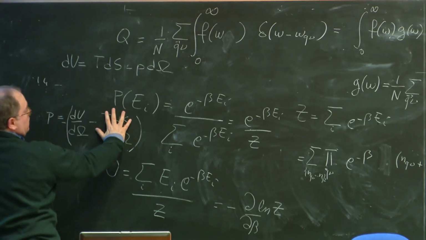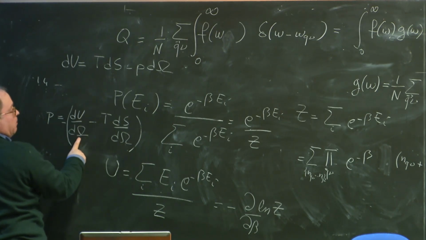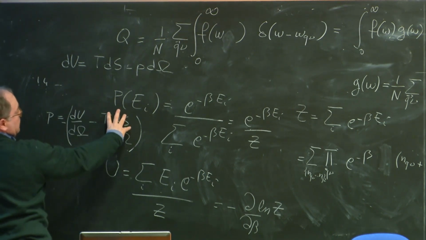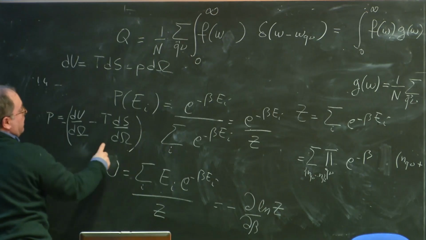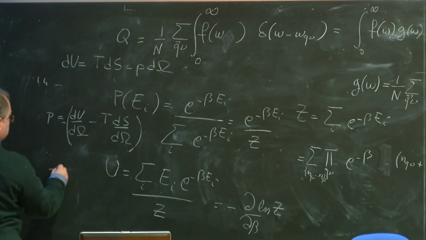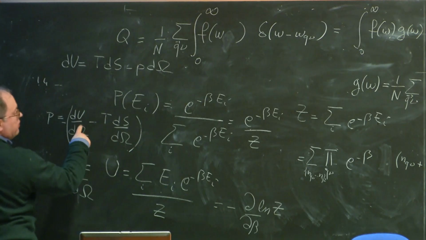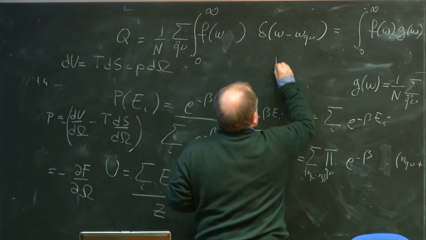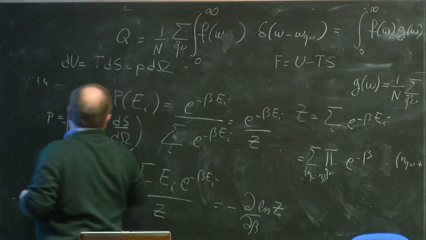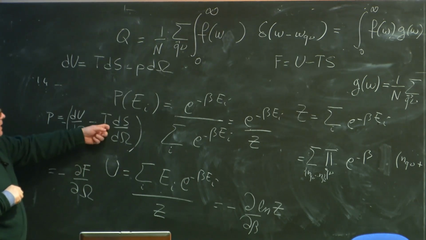So at T equals 0, P would be minus the derivative of the internal energy with respect to Ω. At a finite temperature, we have also this term that contains dS over dΩ. And actually, this is minus dF over dΩ, because F was U minus T multiplied by S. And so this is dF over dΩ at constant temperature, if we keep the temperature constant.